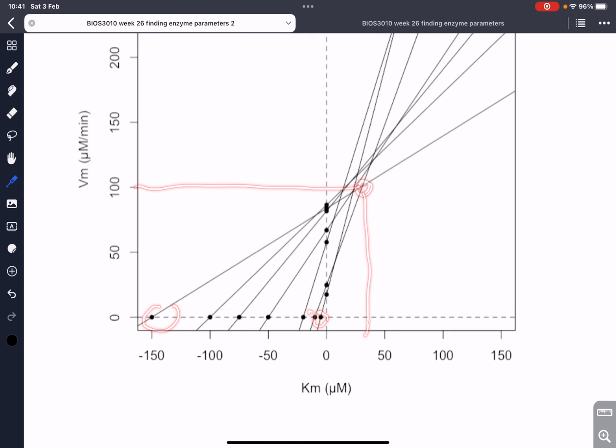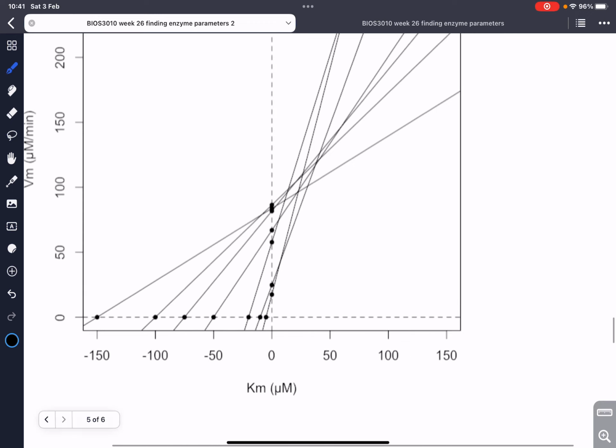So for each combination of the S and the initial rate, we get a separate Vmax and Km.